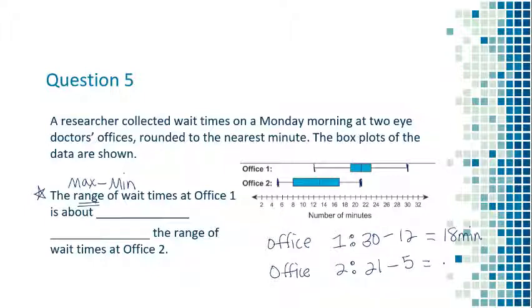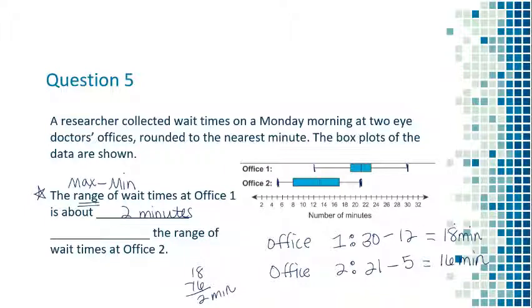So that spread is 16 minutes. Okay, so there's my range of both. And I want to know Office 1 compared to Office 2. So if I subtract those times, 18 minus 16, I end up with 2 minutes. So it's about 2 minutes.